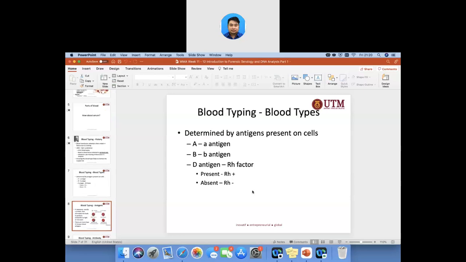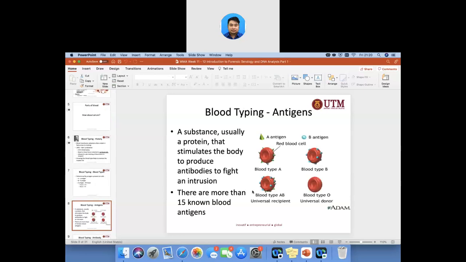Okay, antigens. As I mentioned earlier, an antigen is a substance, usually a protein, that stimulates the body to produce antibodies to fight an intrusion. There are usually more than 15 known blood antigens.